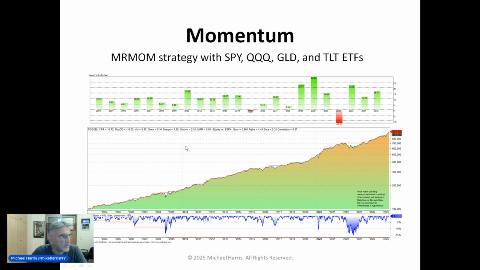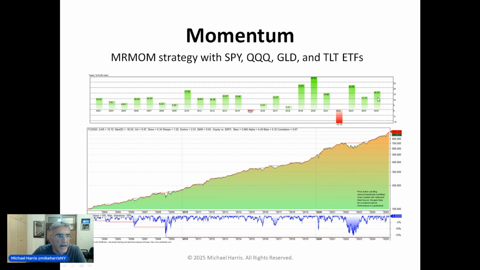This has been a very good strategy with a Sharpe ratio of 1.2, annualized return of 10.7, beta is 0.32, and we only see the strategy struggled in 2022 because both momentum and mean reversion struggled. Momentum struggled because of reversions to the mean, but also mean reversion struggled because those reversions to the mean didn't last long enough to generate profits.